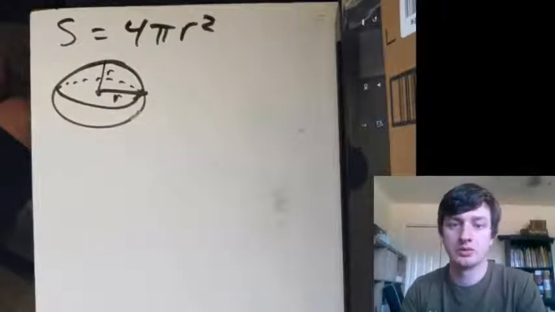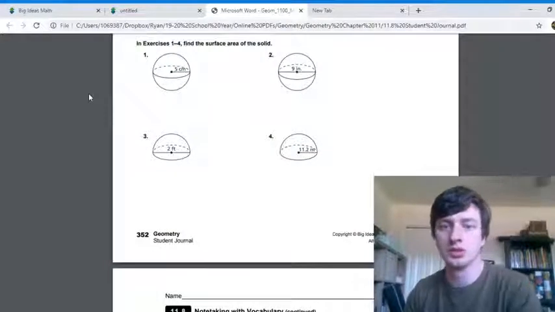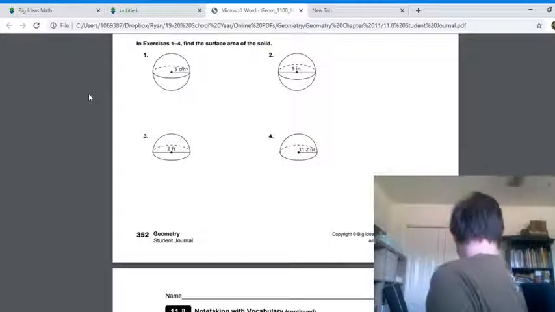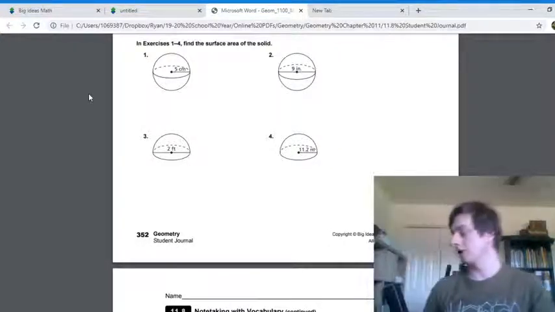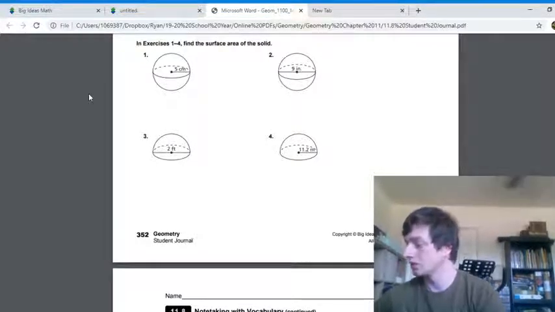We have these. Find the surface area of the solid. So we're going to do 2 of these. We'll do number 1 and number 4. Okay, so the first one, we got 5 centimeters. So what's the surface area? The radius is 5.